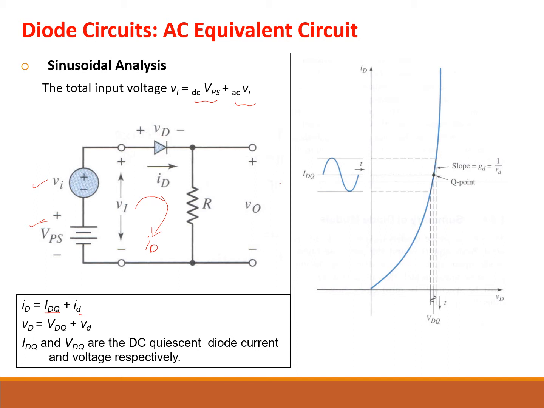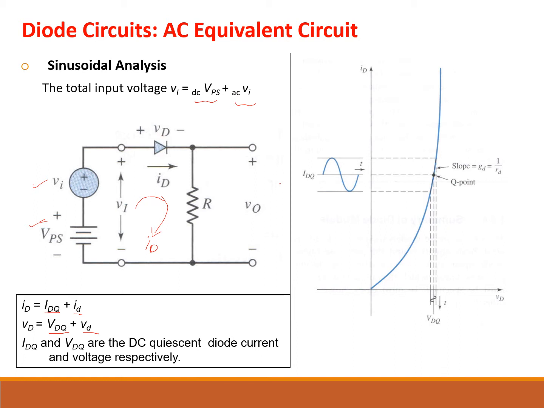The same for VD, the voltage across the diode: we will have a DC component and an AC component, where IDQ and VDQ are the quiescent diode current and voltage respectively.